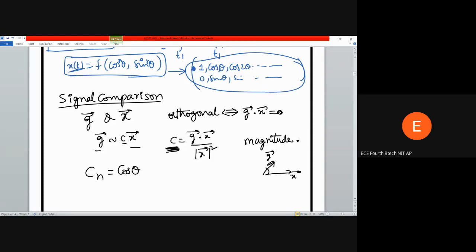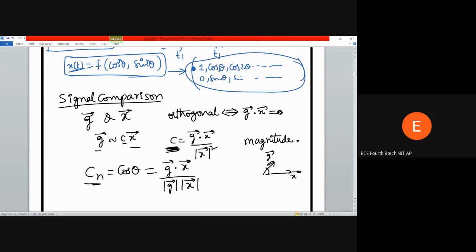Every time you increase the magnitude, the similarity index C also gets affected. That is why we consider Cn, the normalized coefficient of C, as the similarity index, and this is given by g bar dot x bar divided by mod g bar and mod x bar.